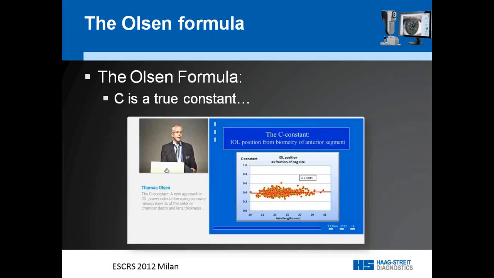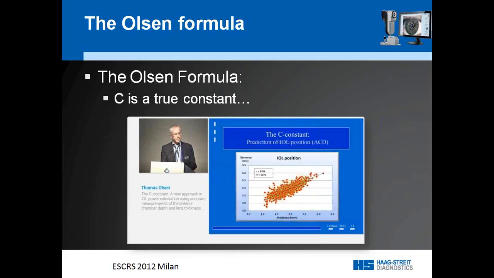And you see that the position of the lens is always at 0.4 times the capsular bag size. And it's a true constant. You have some spread, but that's the normal way anatomic structures work when you try to describe them.